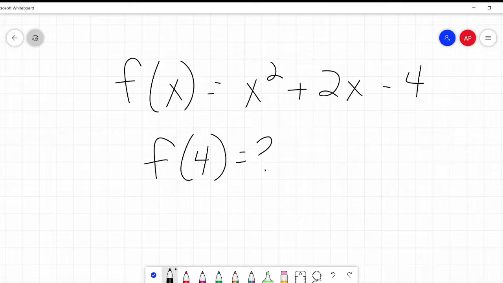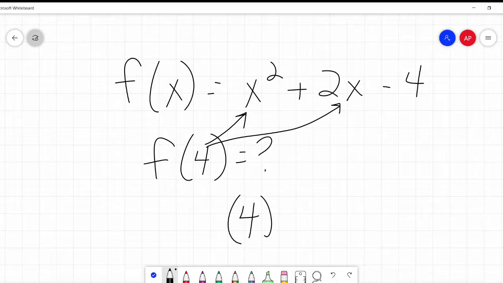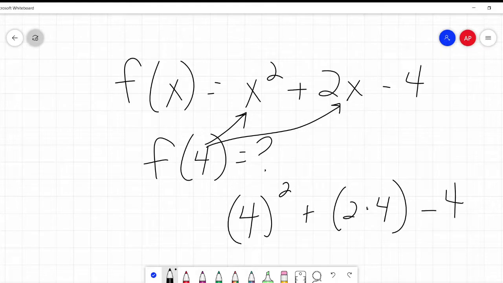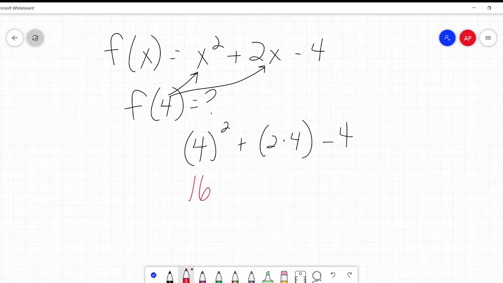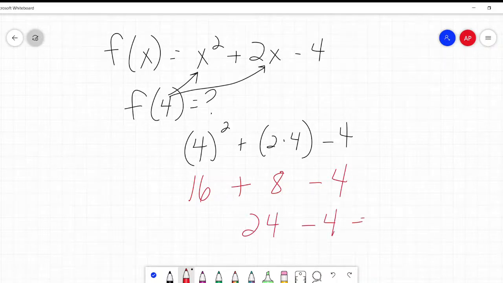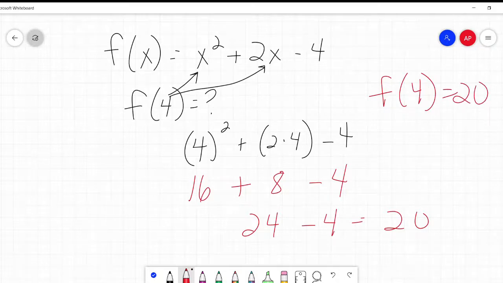We're going to put 4 everywhere there's an x, because 4 is going to replace x. So let's plug it in: 4 squared plus 2 times 4 minus 4. 4 squared is 16, plus 8, minus 4. 16 plus 8 is 24. Minus 4 is 20. So f of 4 equals 20. Okay?